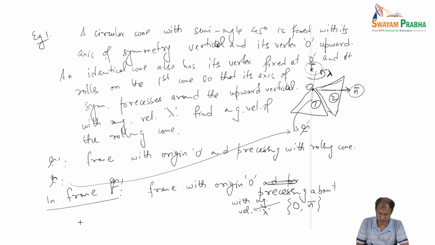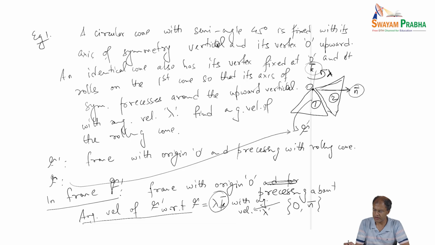So what we see is that the angular velocity of f prime, our moving frame, with respect to f is lambda k, right? So the moving frame itself is rotating about the first cone with angular velocity lambda in direction k.